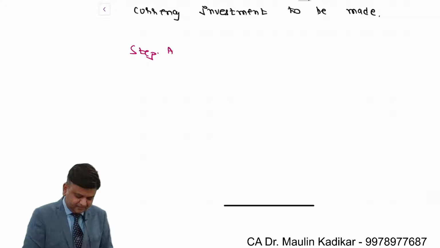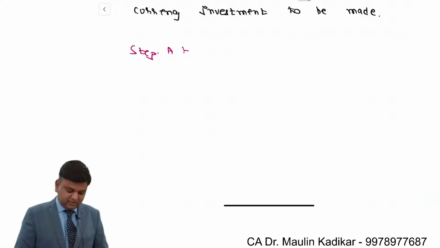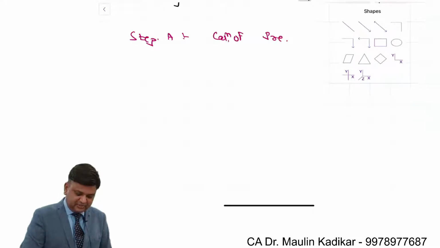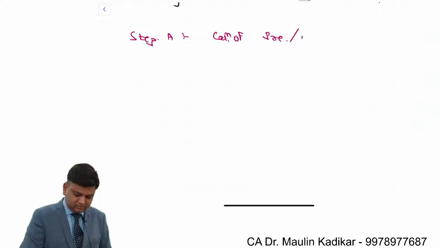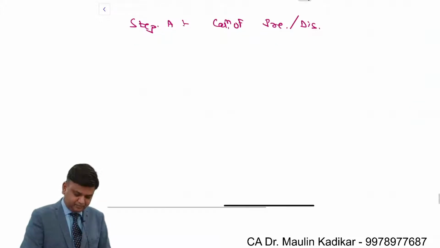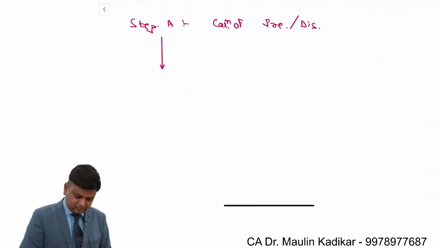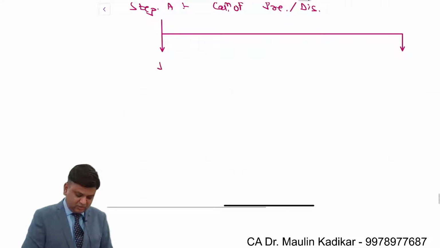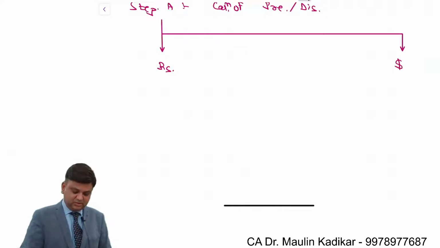Step A. In that, write down calculation of premium / discount. So dear students, first of all we will make calculation of the premium / discount for rupee currency as well as for dollar currency.